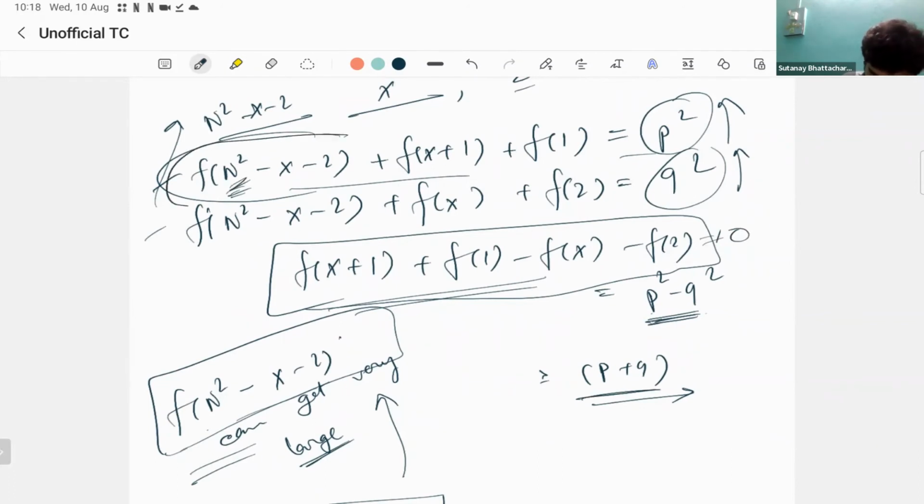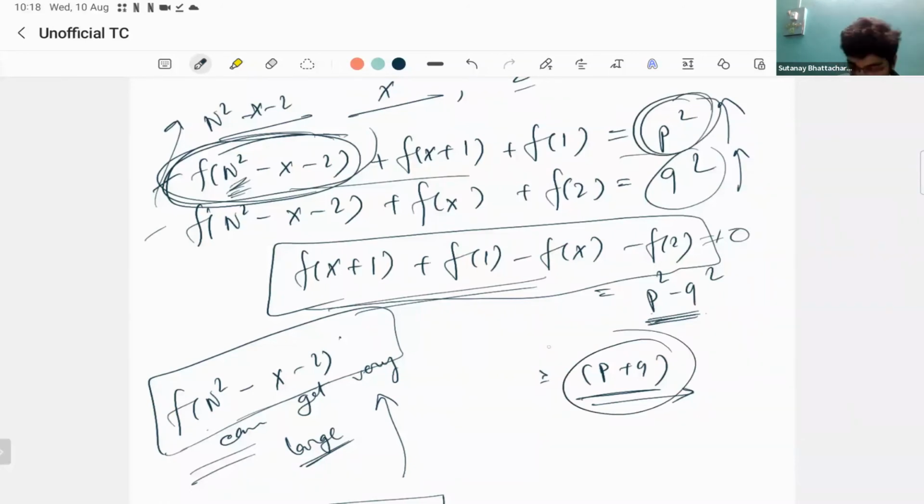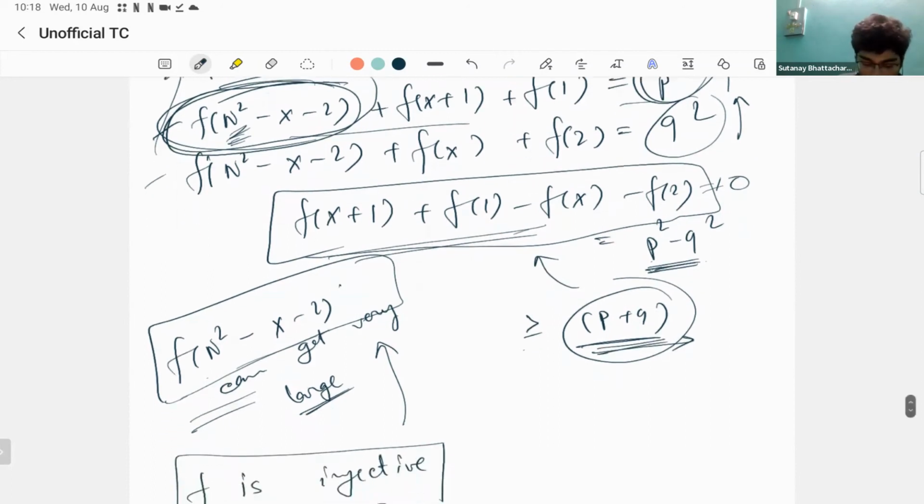If we can ensure that by taking large n, this can be made as large as we want, then p can get as large as we want, which means p plus q can get as large as we want. That immediately gives a contradiction to the conclusion that this is bigger than or equal to p plus q, right?